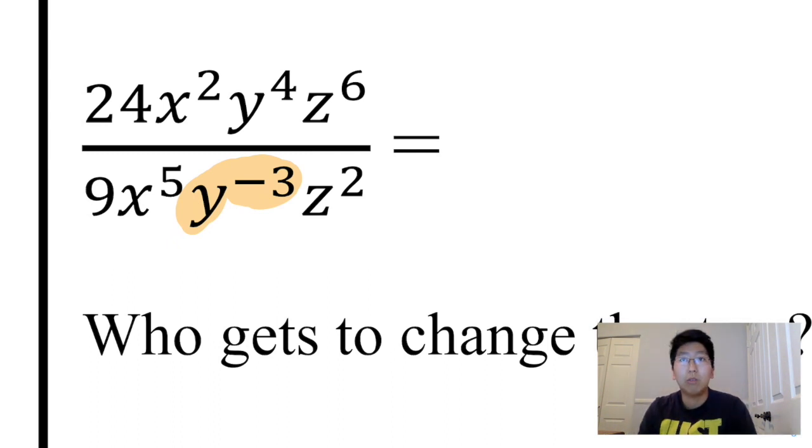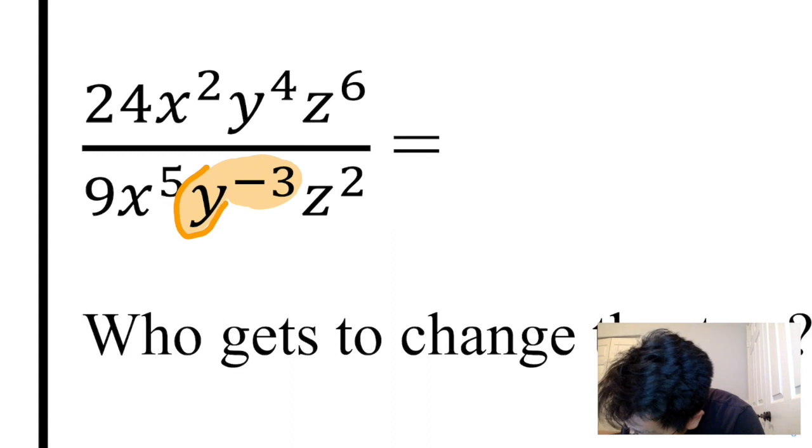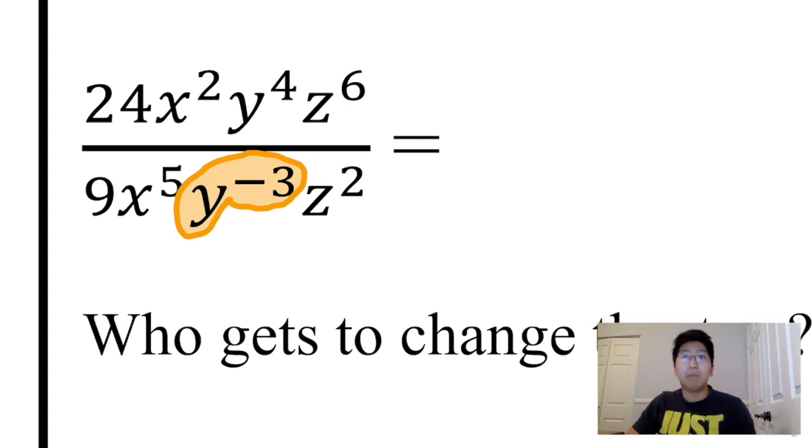Why does this one right here have a special ticket? Well, this one has a special ticket because it has a what? Negative exponent. Okay? So right here, this negative exponent tells us that they have the special pass.